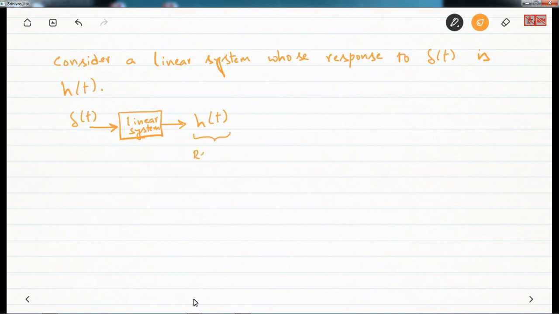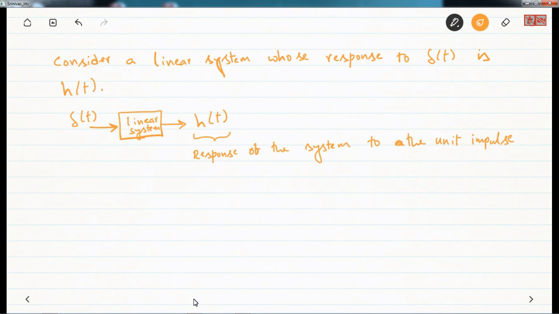So h of t is the response of the system to the unit impulse, and hence this h of t is called the impulse response of the system, right?